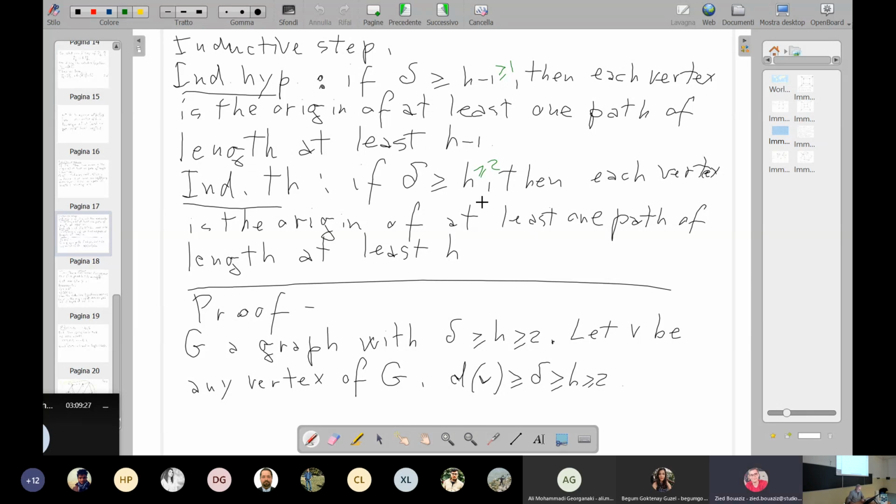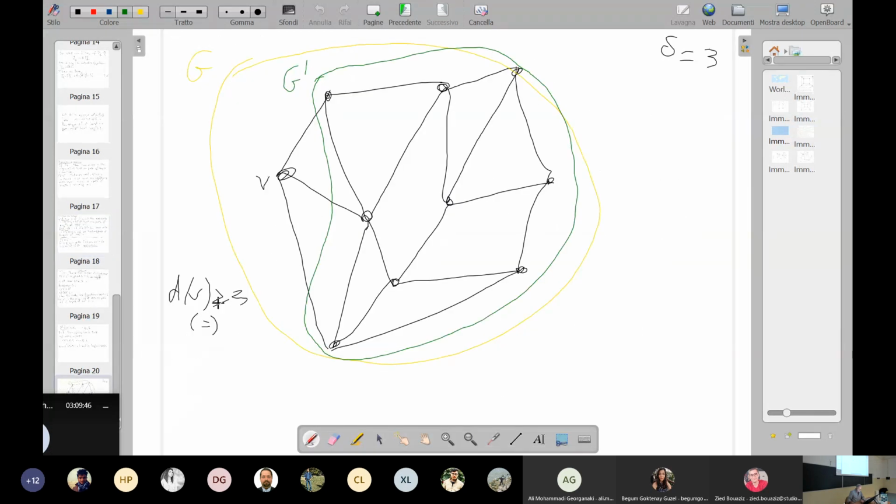But we want to prove it for h. Okay, so I take a graph with delta greater than or equal to h. In our case, h is equal to 3. Okay, we take any vertex, and this vertex has degree which is greater than or equal to small delta, which in our case is 3. And we have actually 3. Then what do we do?